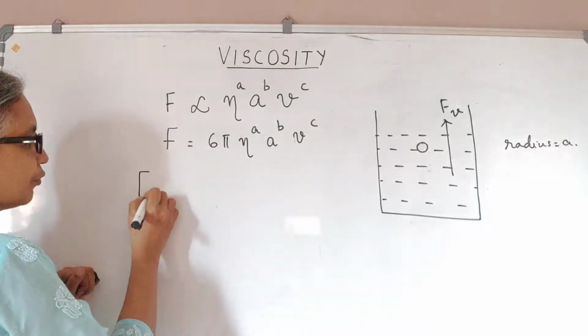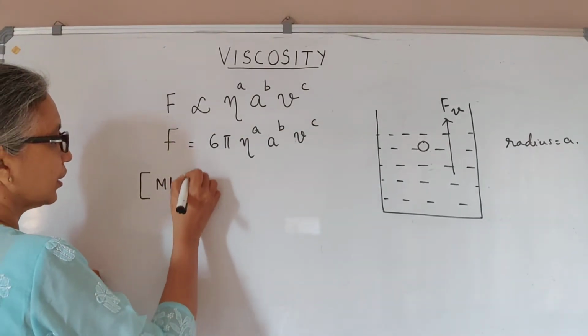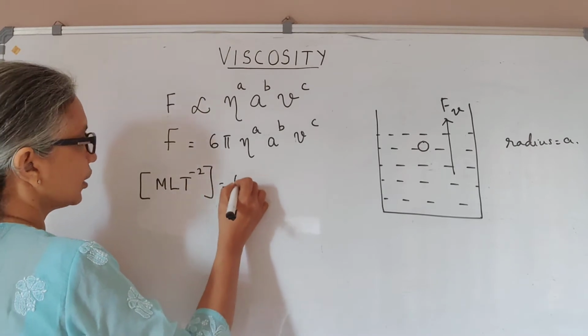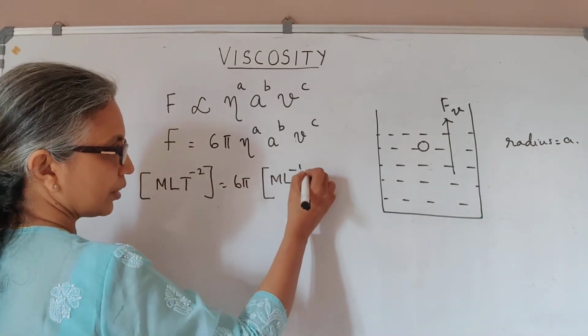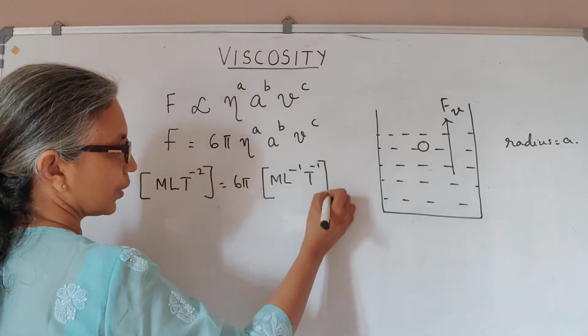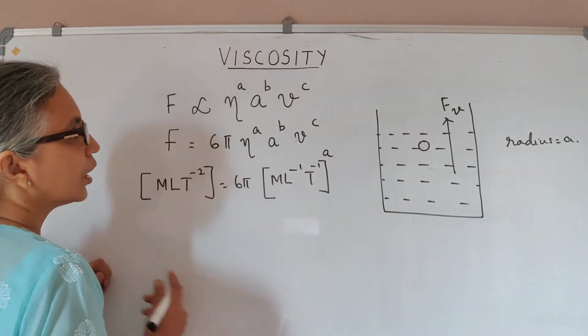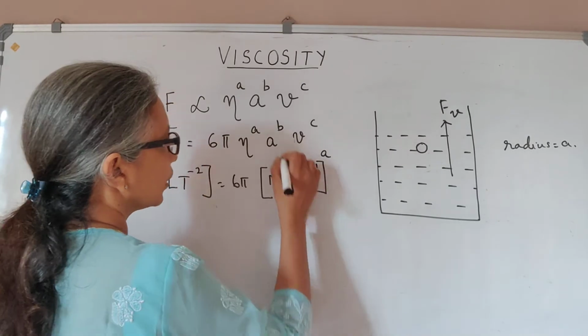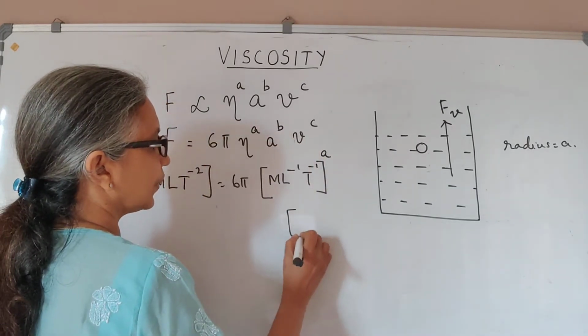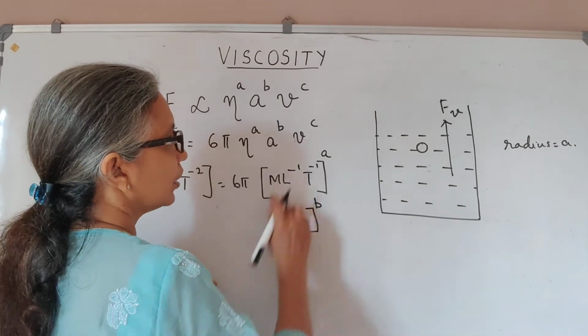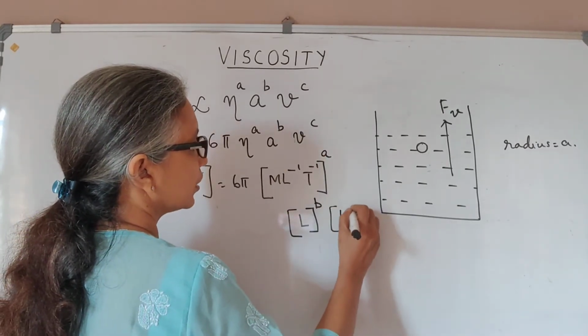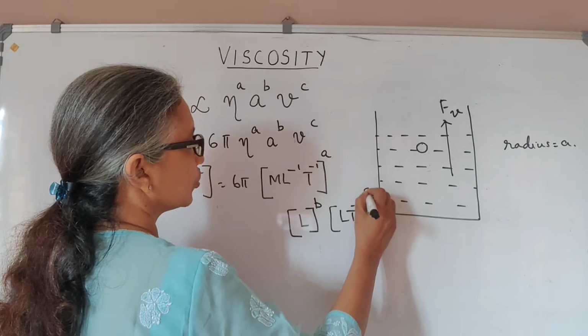The dimensional formula for force, as you know, is MLT raised to minus 2. This is equal to 6 pi. Eta, as I told you, is ML raised to minus 1, T raised to minus 1, raised to a. Then we have the radius, which is simply L raised to b. Then velocity is LT raised to minus 1, raised to c.